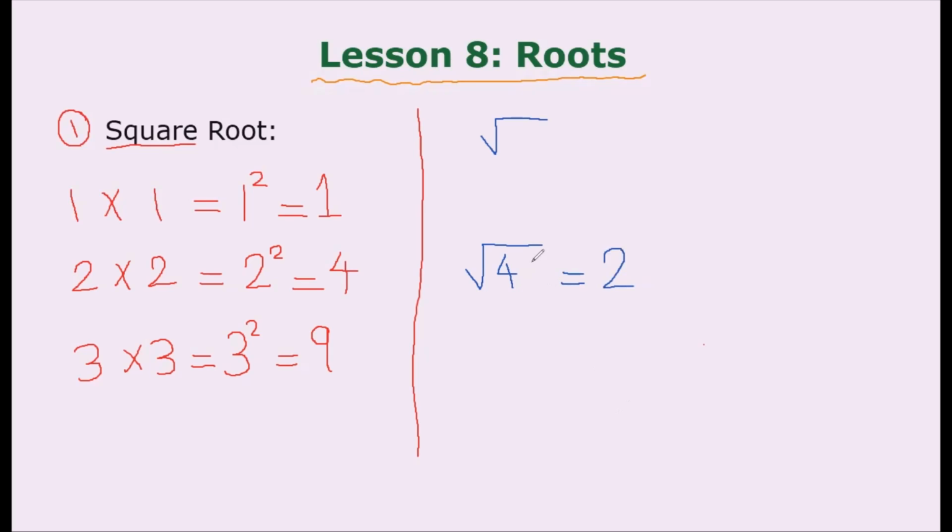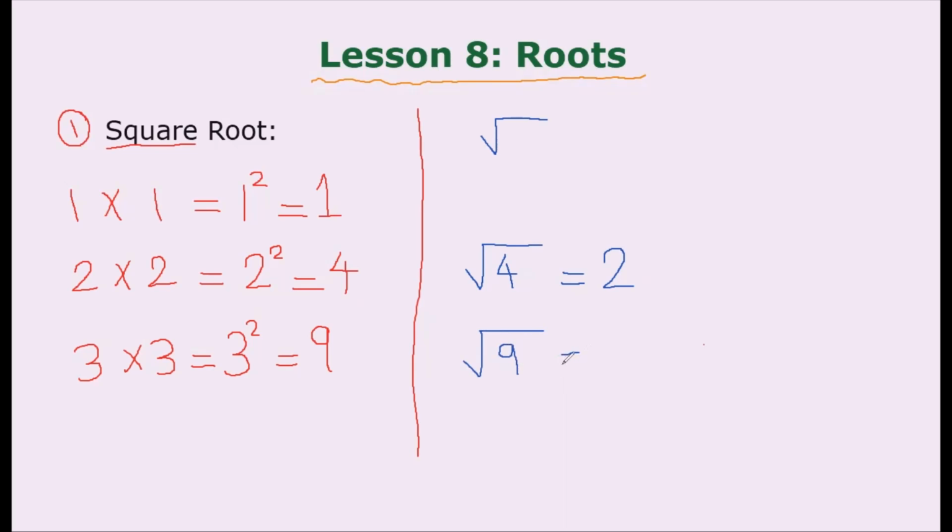We can notice that 2 squared is equal to 4, while the square root of 4 equals 2. Let's try another example. The square root of 9.